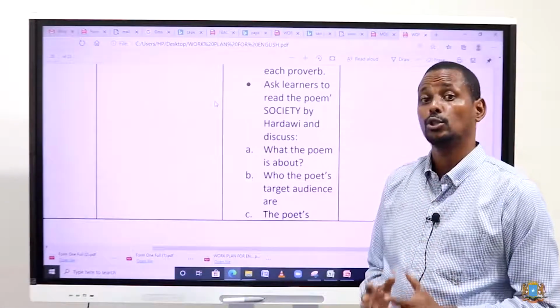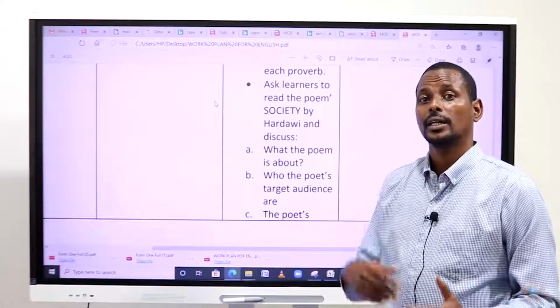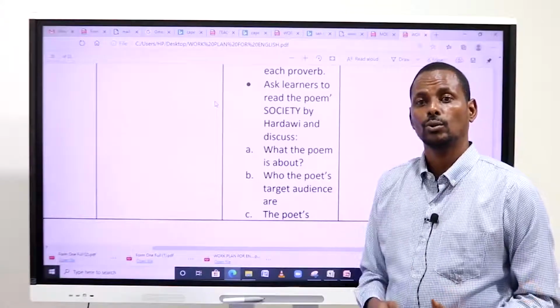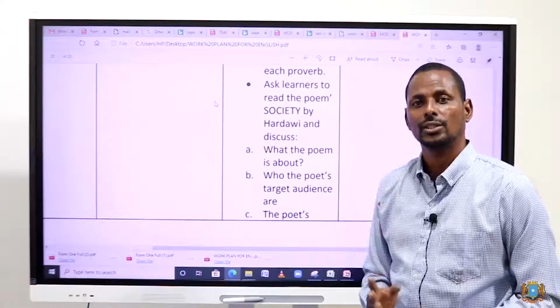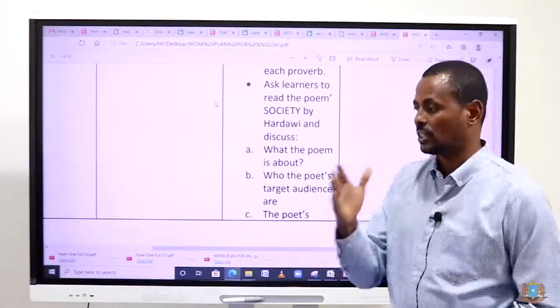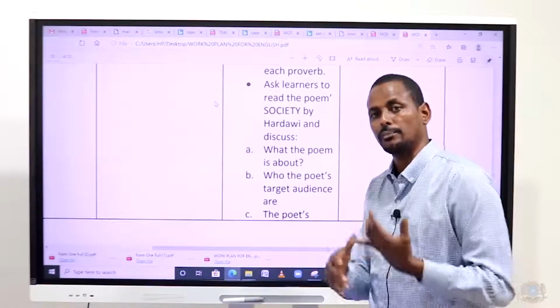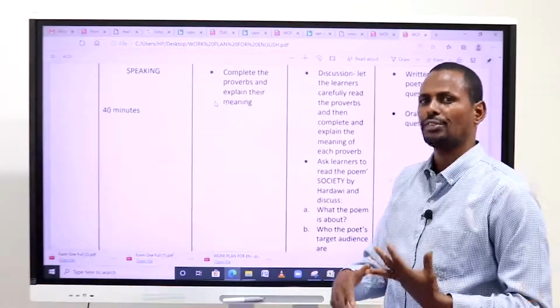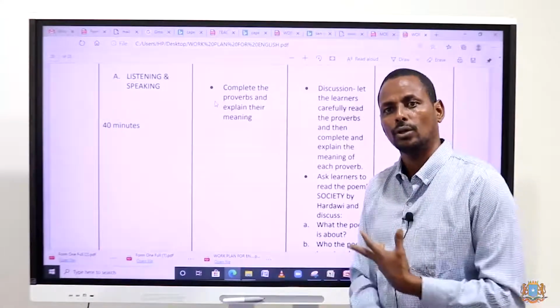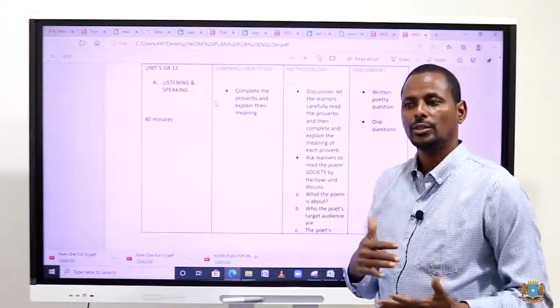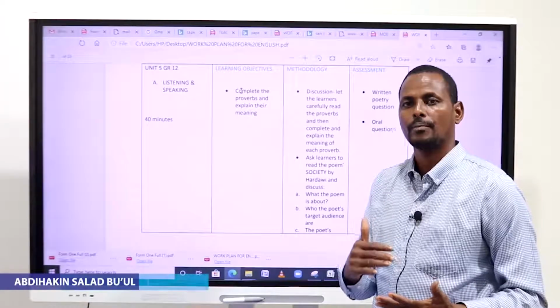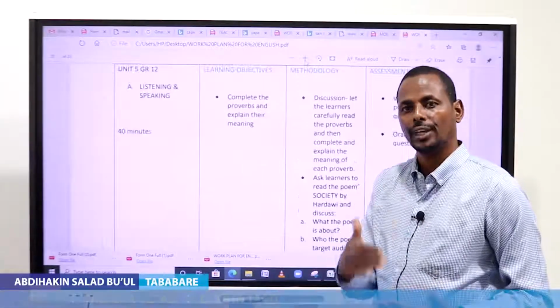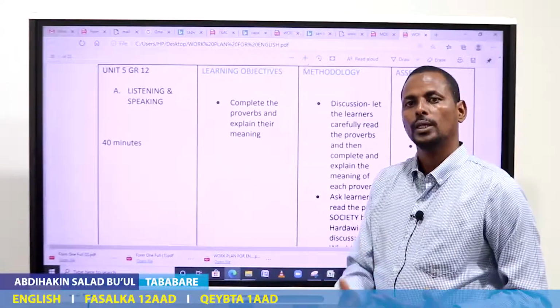Remember, poets don't use language the way other writers do. When you are writing a poem, you use figurative language, linguistic devices: metaphors, similes, personification, hyperbole.